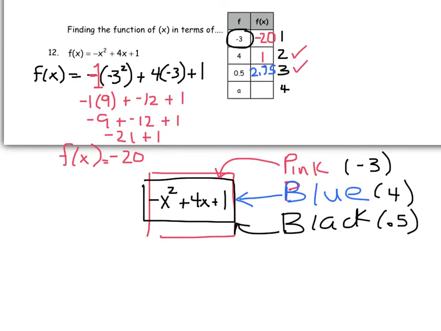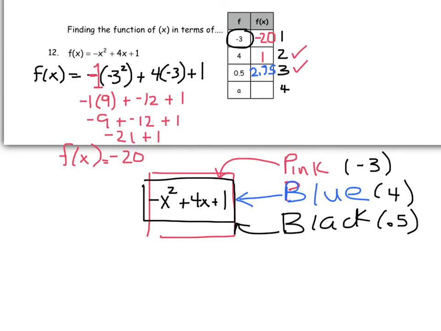So a -16 and a +16 makes 0, so you're left with 1. And then when you multiplied 0.5, you squared it. That gave you a 0.25 times the -1, so you have a -0.25 plus 4 times a 0.5 gave you 2 plus 1, so you ended up having a 1.75 plus 1, which gave you 2.75.